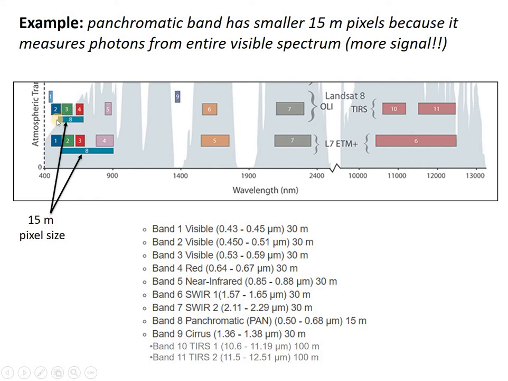They're integrating photons of multiple colors. And that gives them enough energy that they can divide their detector chip into more photosites and get out a 15-meter pixel size. So that's just a great example of how these trade-offs play off against each other in the design of the Landsat system.